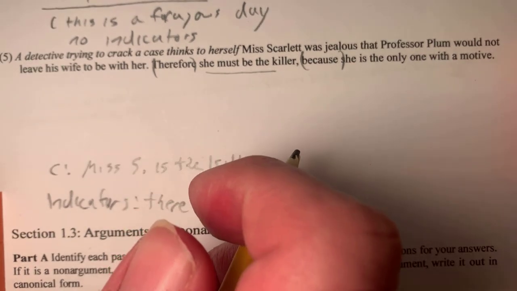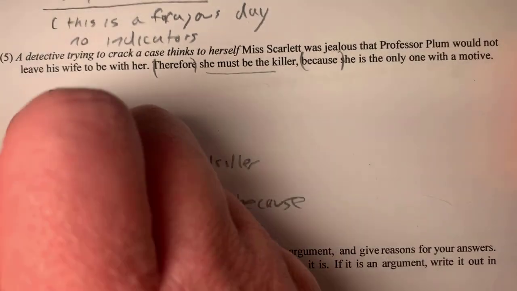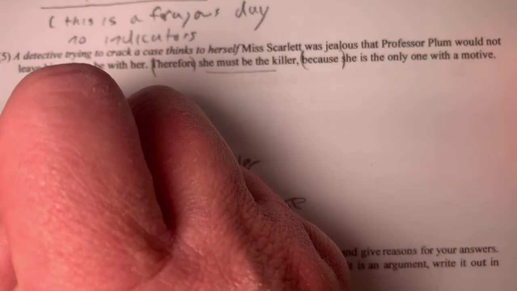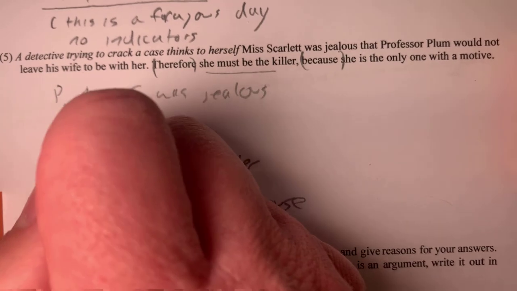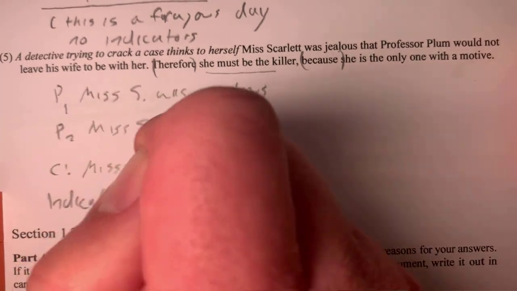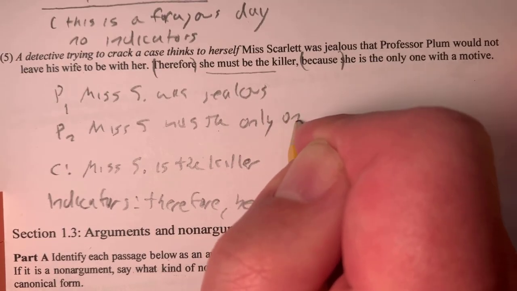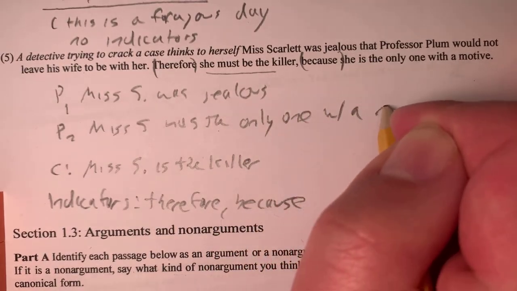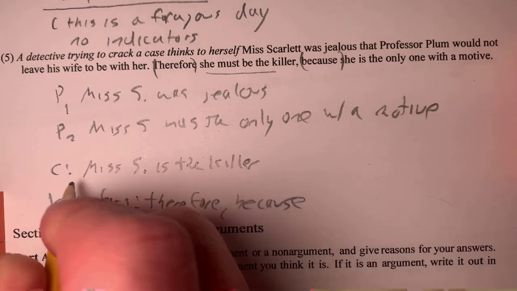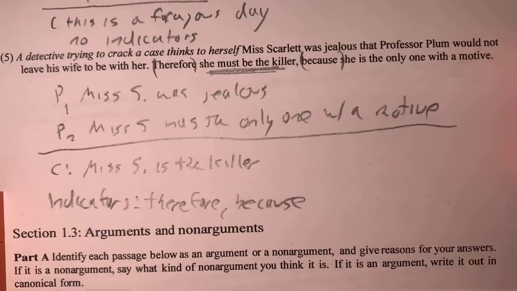So, then the premises are Miss Scarlet was jealous, and Miss Scarlet was the only one with a motive. All right, so this time the conclusion is in the middle.